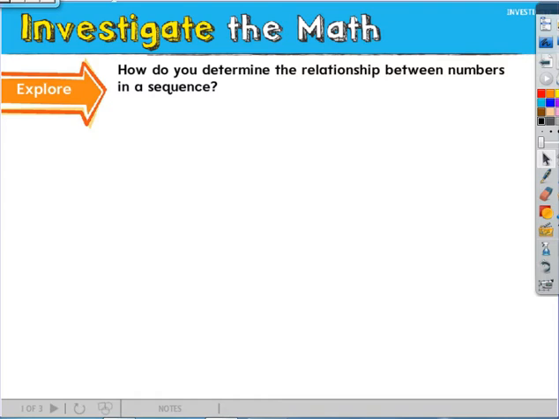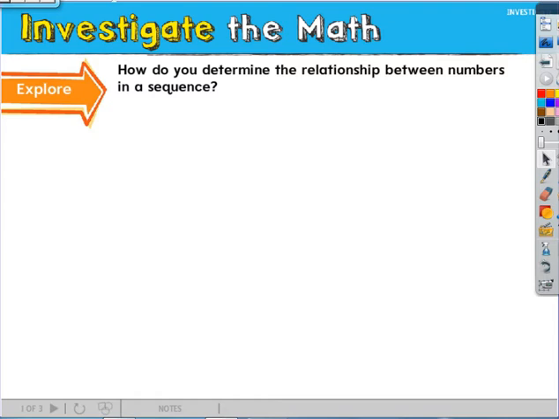Okay? I mean, we could go with square numbers and say 4, 9, 16, right? And then after 16 would be 25. So all I'm doing is taking 2 multiplied by 2, that's 4.